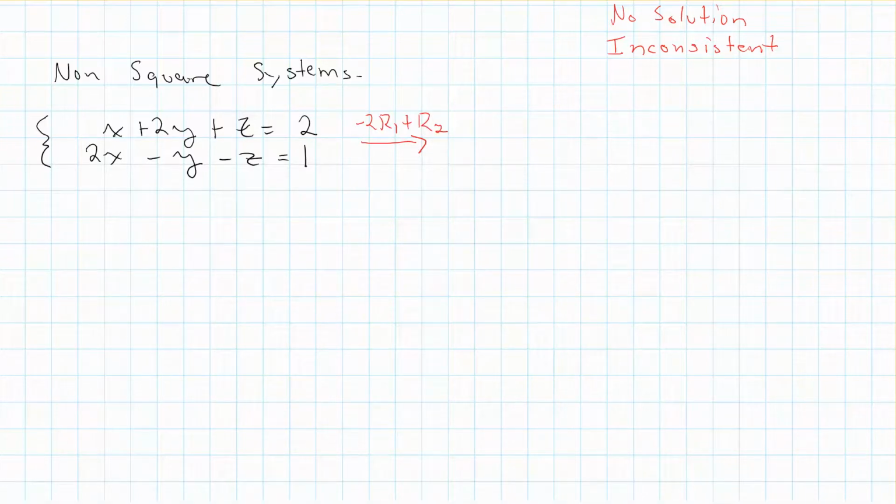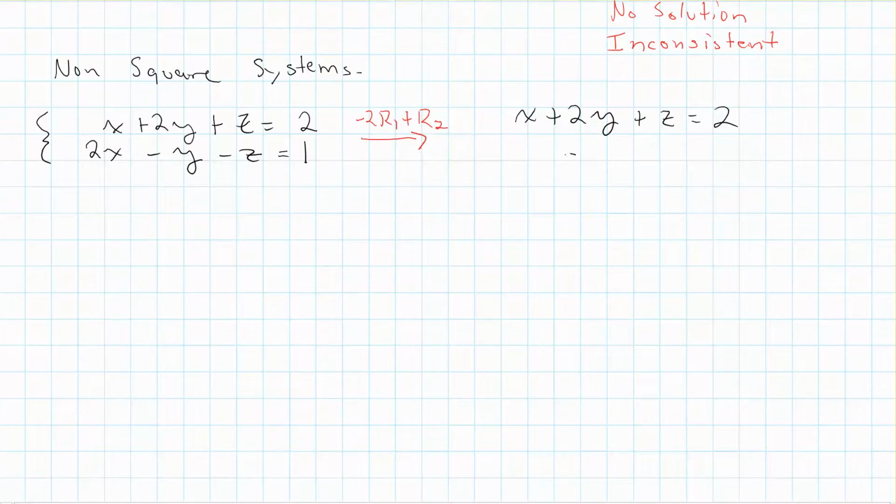So if I do that, I have x plus 2y plus z equals 2. And then of course I'd have -2x plus 2x, which is 0. Then I'd have -4 plus -y, so that's -5y.